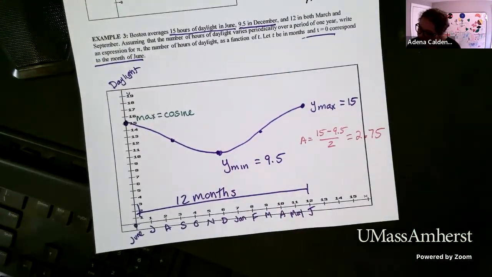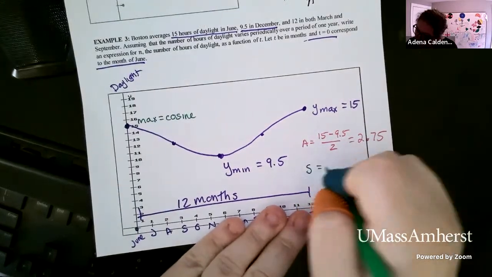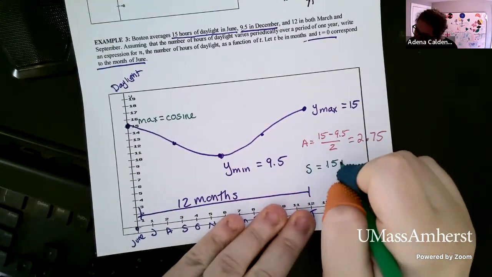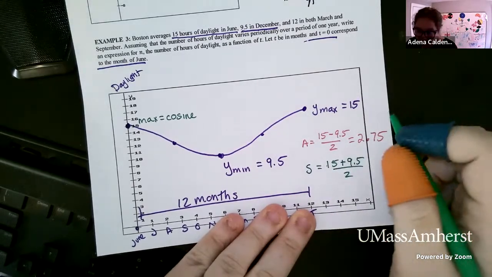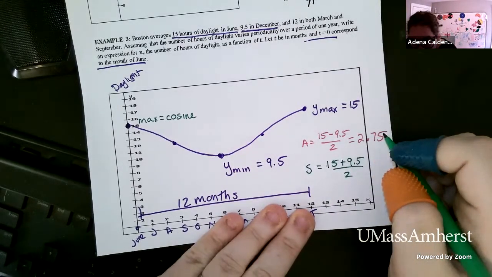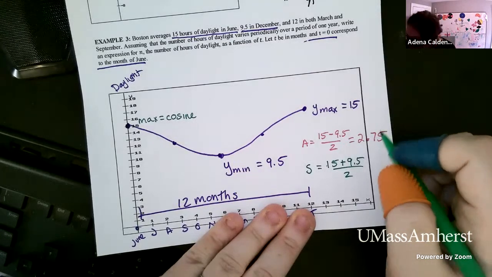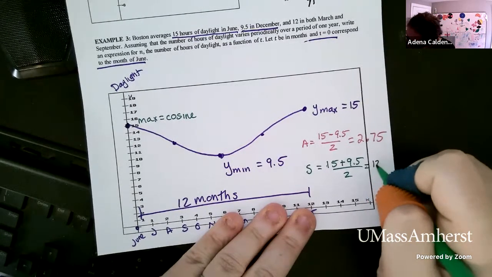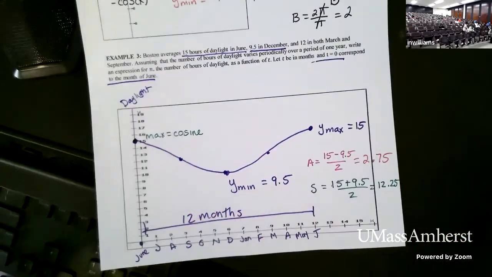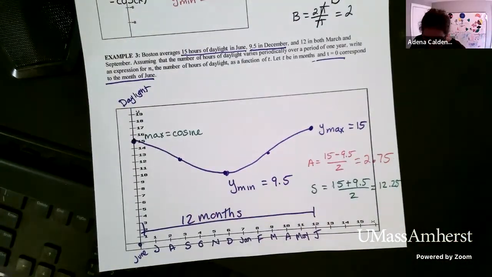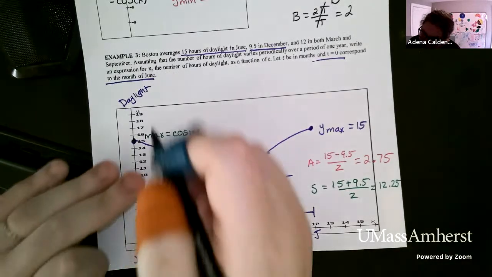My shift is going to be my max plus my min divided by 2. And that's going to give me 12.25. Okay. And so I know it's cosine. So let me start putting this all together.